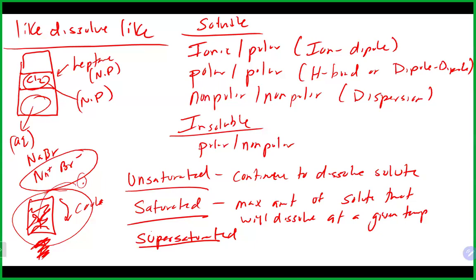A couple other ways we finished the first little bit of chapter 15 about was a concentrated solution and a dilute solution. So a concentrated solution is a solution that has a lot of solute dissolved in it. For lack of a better description, it's a pretty strong solution, right?